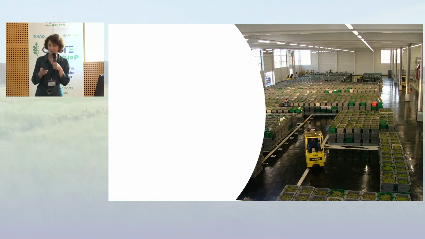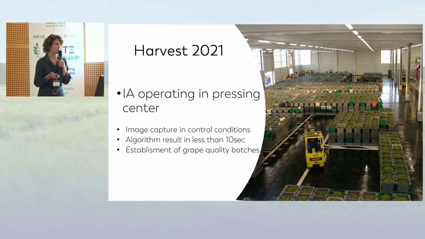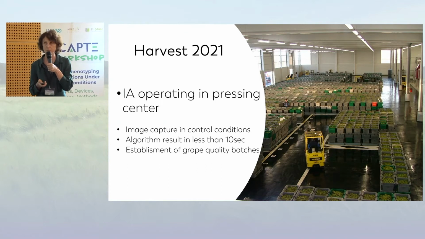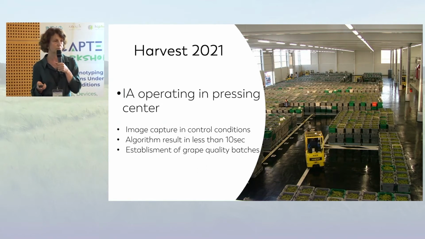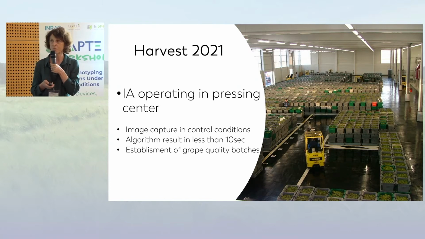So the challenge here, what we had in this harvest in 2021, is in fact to find the good condition and the way to get this image capture in this condition, always in controlled condition to get standard images.